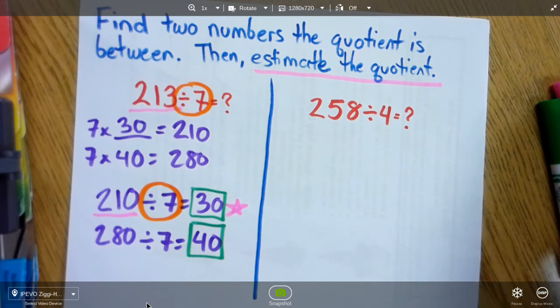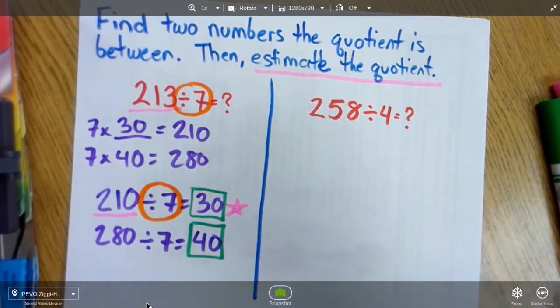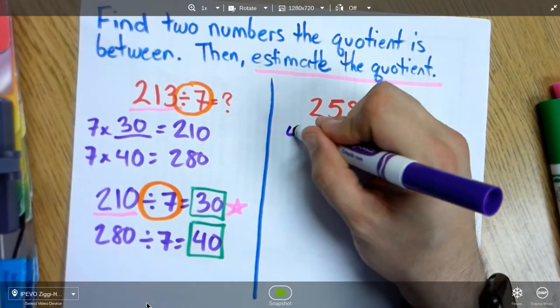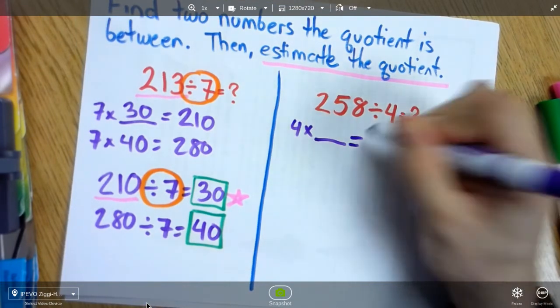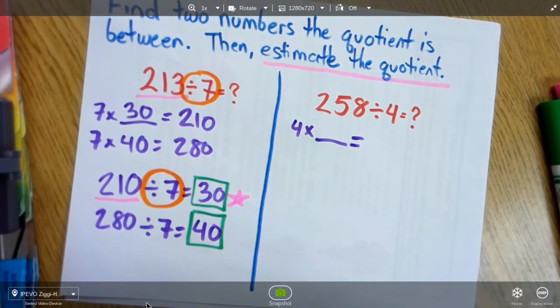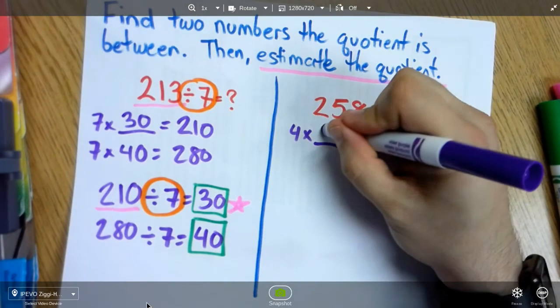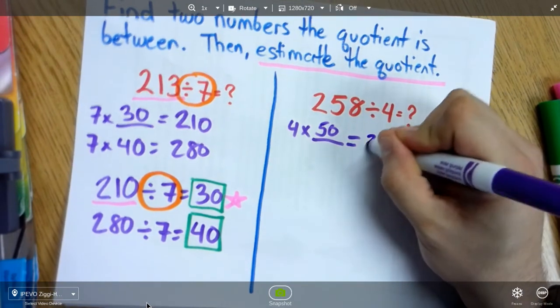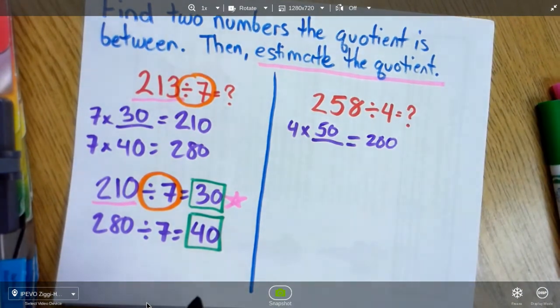Now we've got 258 divided by 4. So again, I'm going to do 4 times something to give me an answer close to 258. I know 4 times 5 is 20, so 4 times 50 is going to be 200, but that's still quite a bit away.